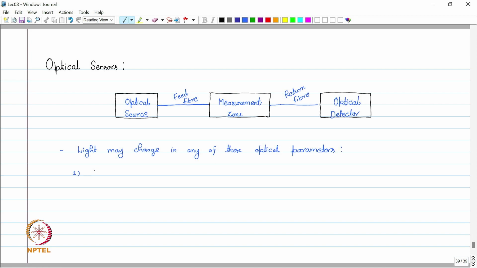Let's say first is the intensity, second is phase, third is polarization, four is wavelength, and five is the spectral distribution.